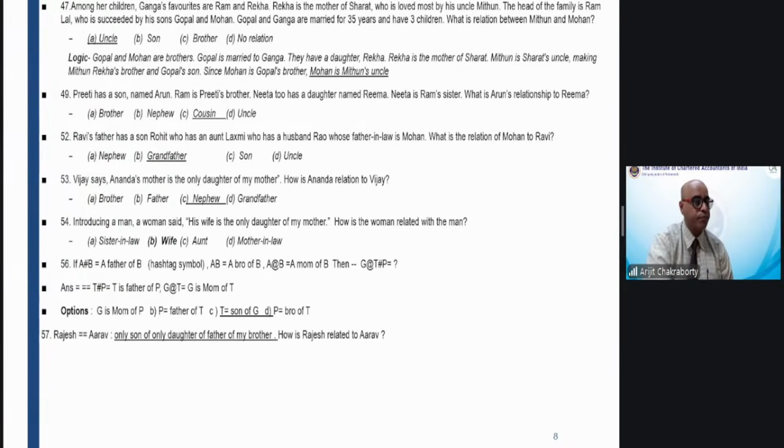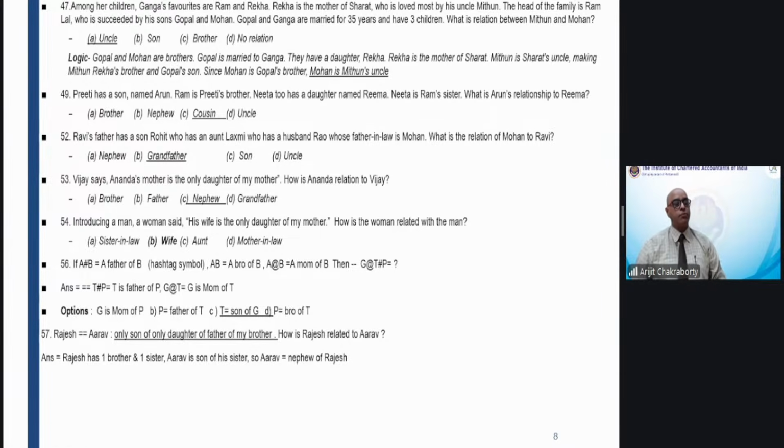Question 56. The last one, we have taken almost 40 questions here from this exercise. Arav is the only son of the only daughter of the father of my brother. So Rajesh is saying that Arav is the only son of the only daughter of the father of my brother. So very complicated, but we just decode.